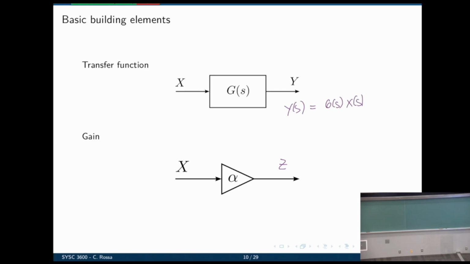For that matter, we are going to use a triangle to differentiate it from a transfer function. And you can also note here that Y of S is alpha times X of S. Right? Output equals input times the function inside there.